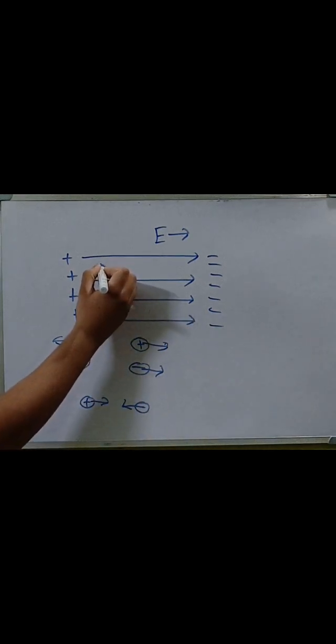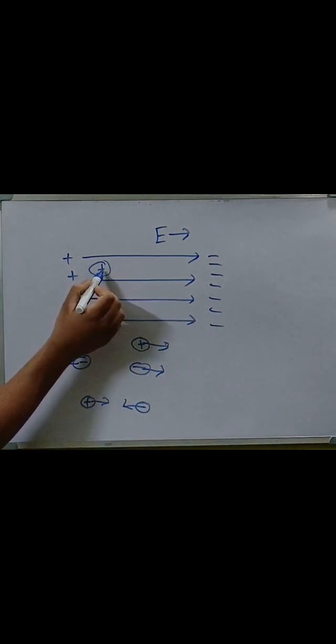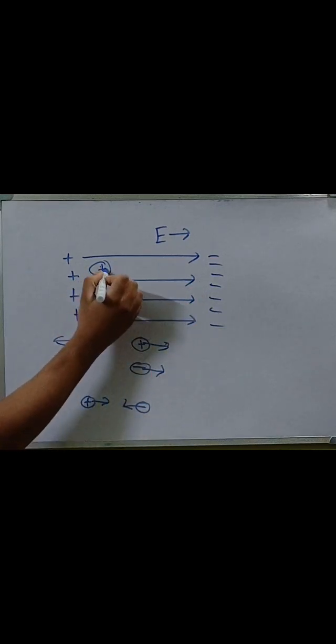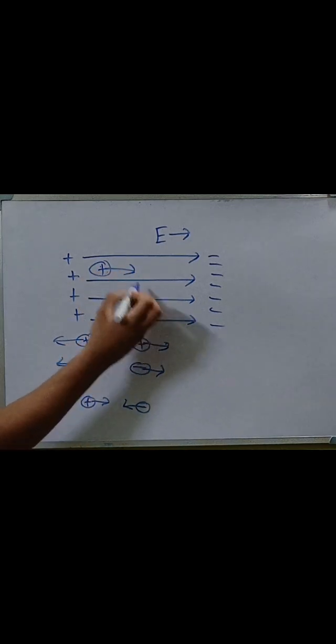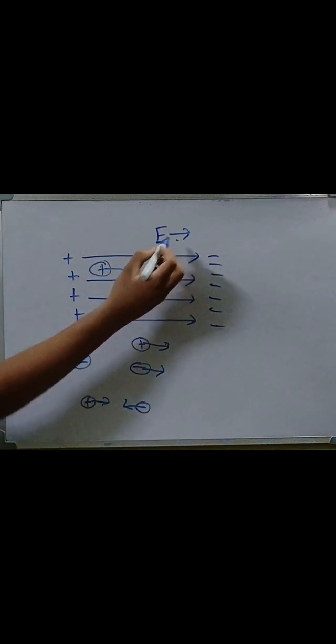So here, if I keep a positive charge, then this positive and this positive will repel each other, while this negative and this positive will attract each other. So this positive charge will experience a force in this direction. That means it is experiencing a force in the direction of the electric field.